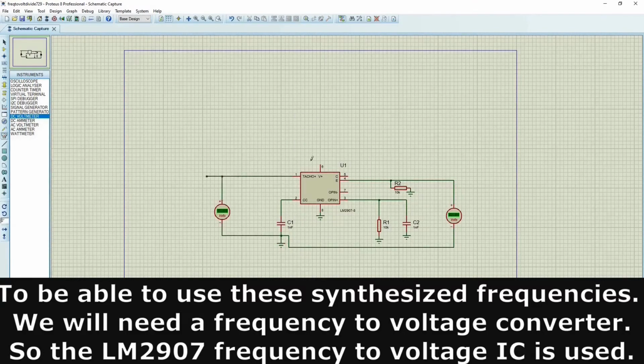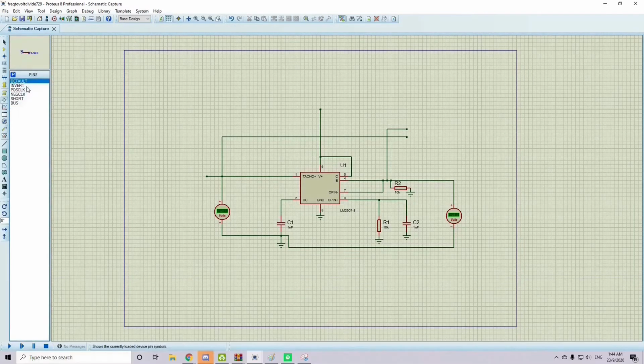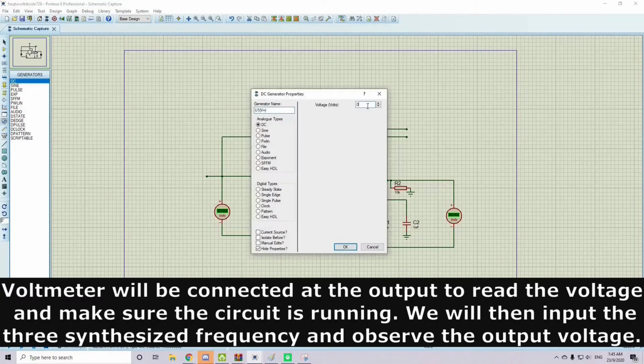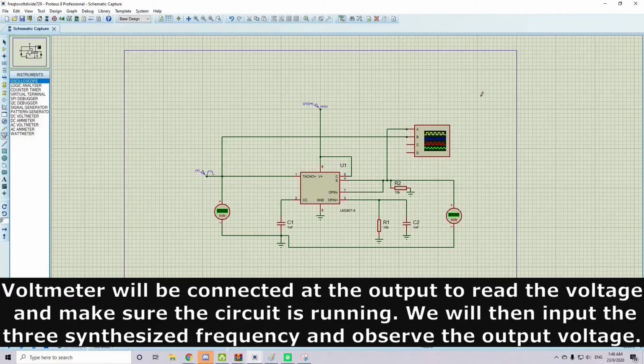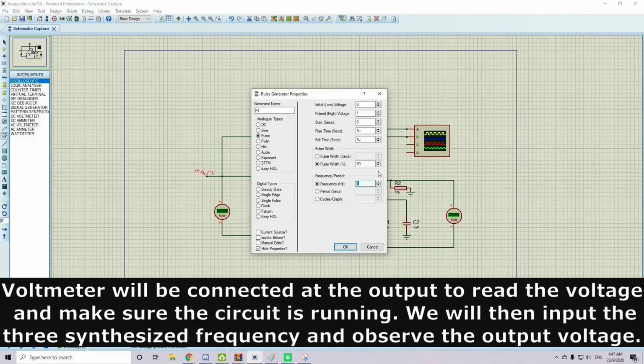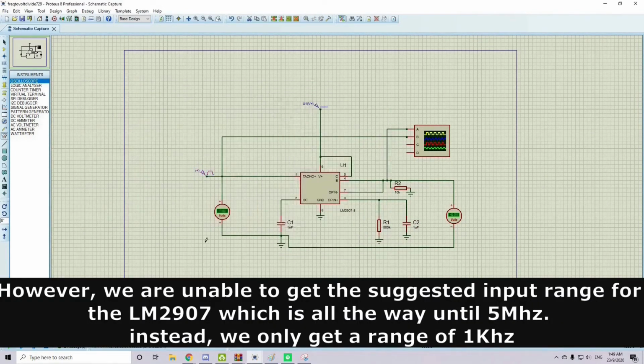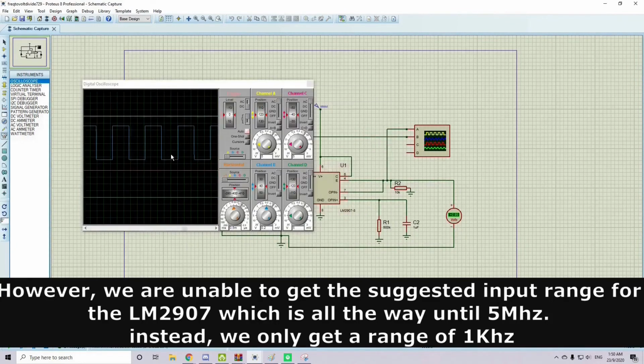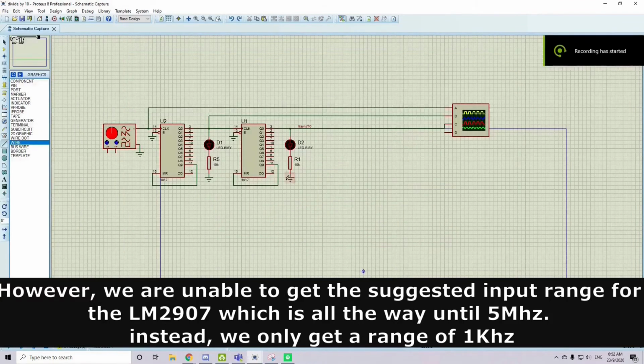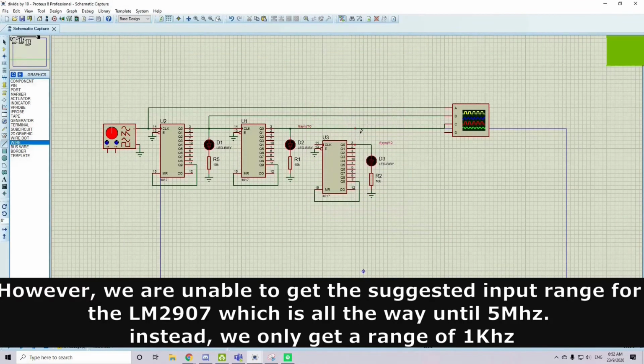To be able to use this synthesized frequency, we will need a frequency to voltage converter. So, the LM2907 frequency to voltage IC is used. A voltmeter will be connected at the output to read the voltage and make sure the circuit is running. We will then input the 4 synthesized frequencies and observe the output voltage. However, we are unable to get the suggested input range for the LM2907, which is all the way up to 5 MHz. Instead, we only get a range of 1 kHz.